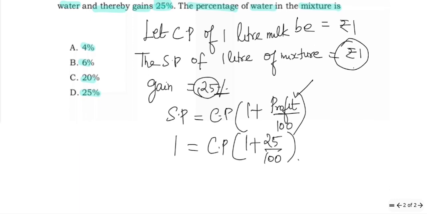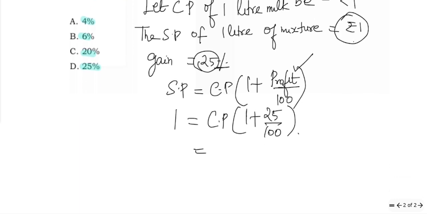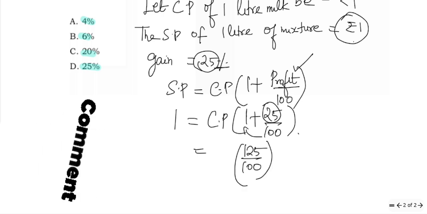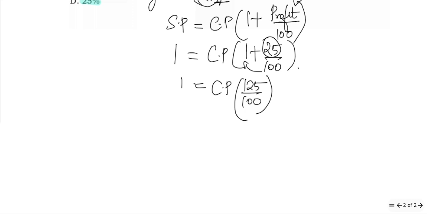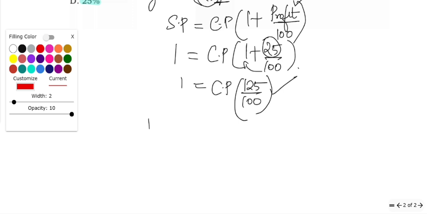So now we are going to take LCM. 100 times 1 is 100, and 100 plus 25 gives us 125 over 100. Anyway, we need to figure out the cost price of the mixture, so we are going to bring this fraction to the other side. While moving it to the other side, we need to flip the fraction.